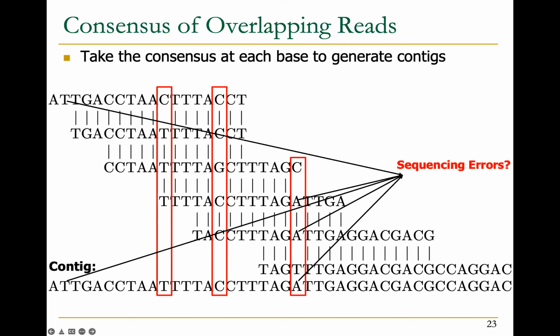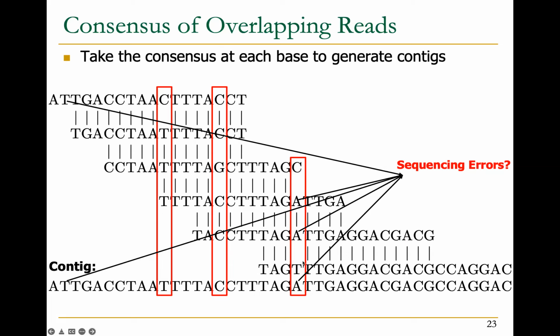So we just said there should be T here because we only see one piece of evidence over there. But this may very well be a sequencing error, right? Maybe there's an A over there, and then the contig, the piece of the assembly, should have been AA instead of AT. Or for example, here, there are two A's, C and T. Maybe one of these is T, right? Rather than A or C.